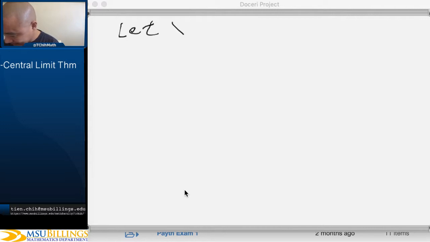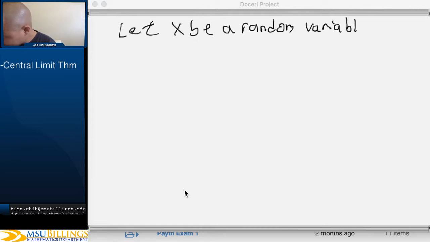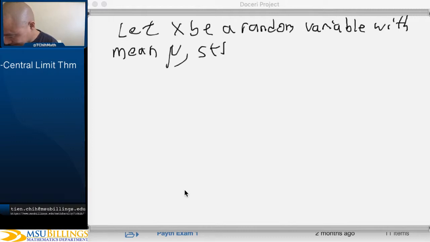that x be a random variable with mean mu, standard deviation sigma.